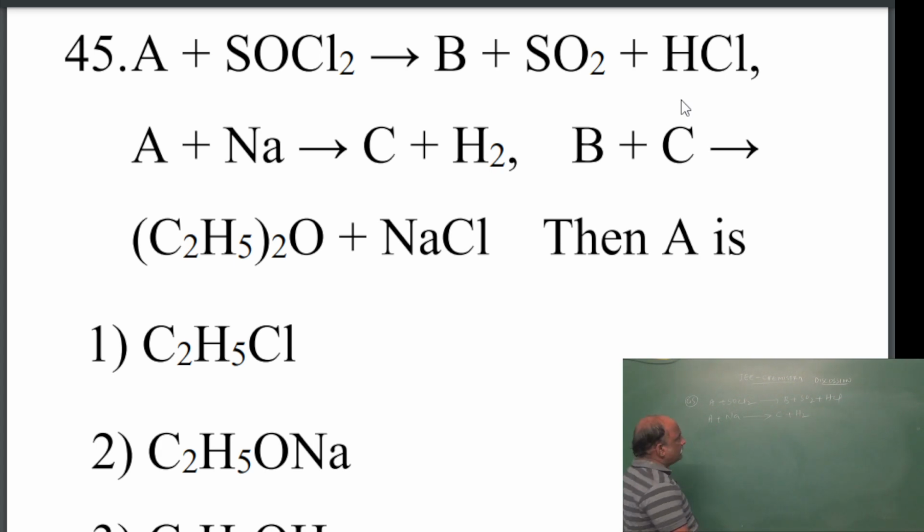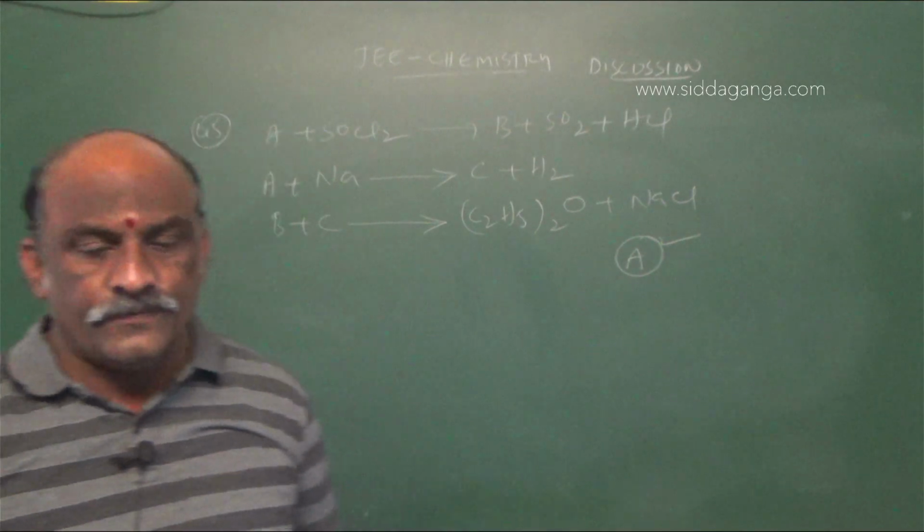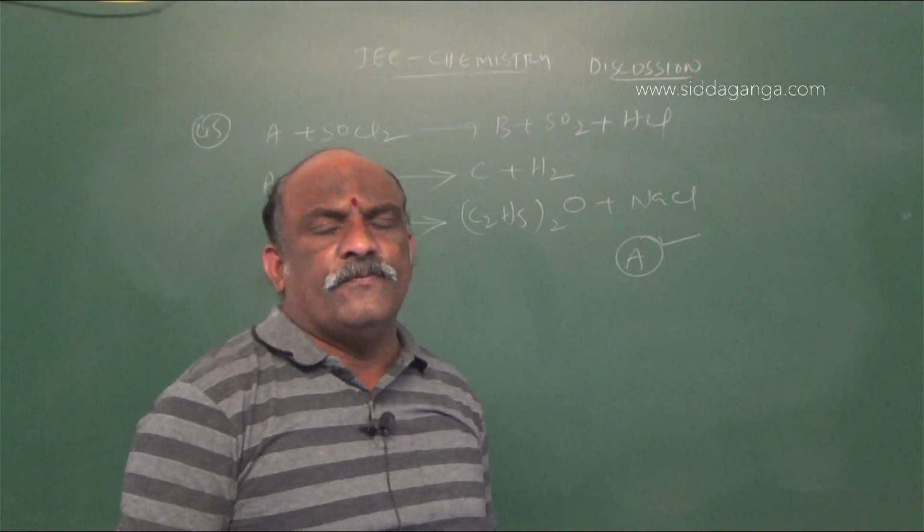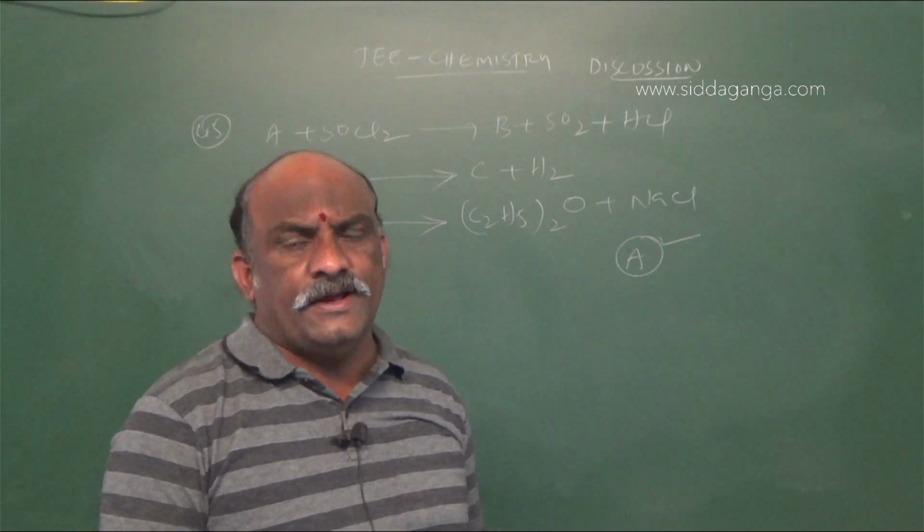B plus C gives C2H5OC2H5 plus NaCl. So what is A? From the first reaction we have to find A.